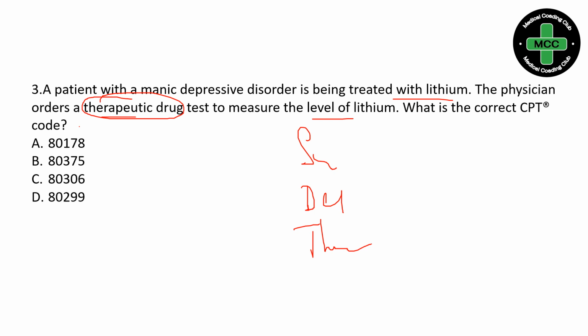Coming to the definitive drug test, it is a confirmatory and quantitative test. They will confirm what kind of drug it is, and also quantify how much drug is there.